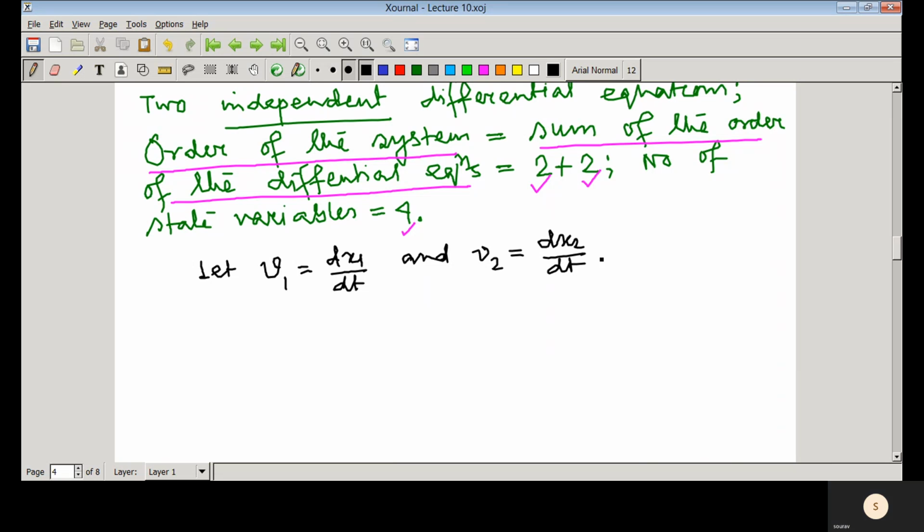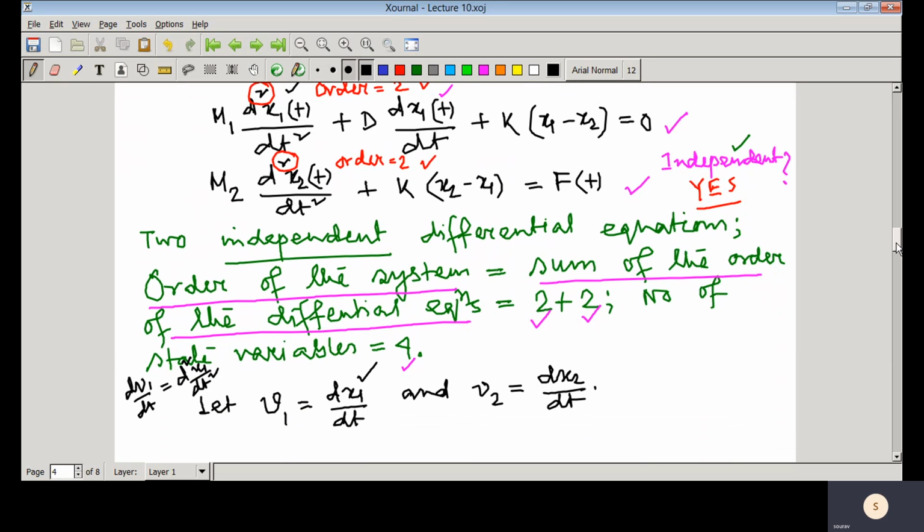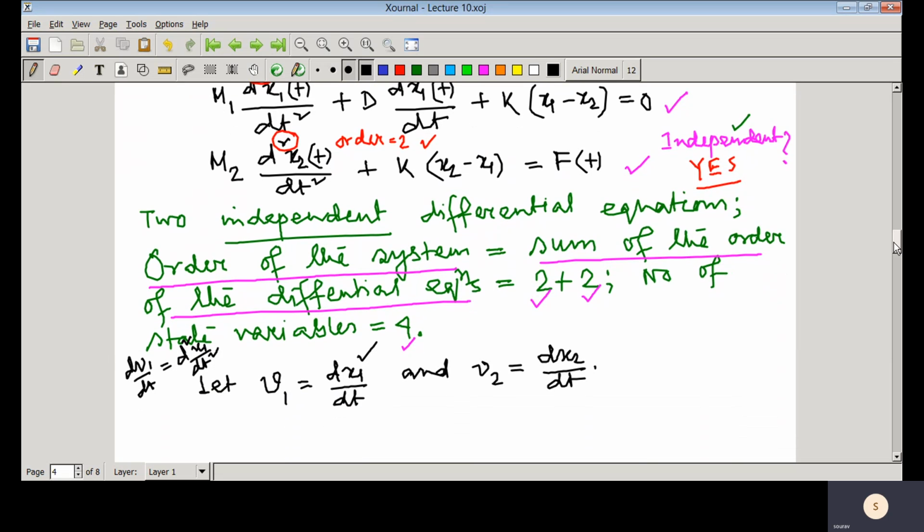Now for the first state variable, v1 equals dx1 by dt. If you take dv1 by dt, that would actually be d2x1 by dt2. So the first equation is represented as dv1 by dt.